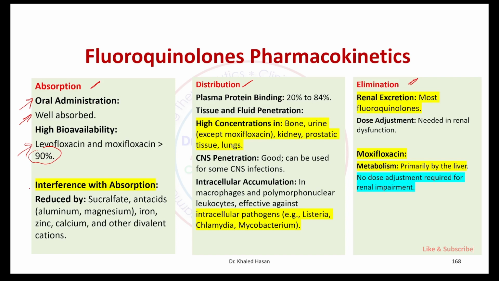An important issue here is drug-drug interactions. We have to be careful when prescribing levofloxacin orally to your patient. If the patient takes sucralfate, if the patient takes antacids with aluminum or magnesium, if the patient suffers from anemia and is treated with iron, or if the patient takes any vitamin supplement with zinc, calcium, and other cations, these agents bind to the fluoroquinolones and prevent or inhibit their absorption.